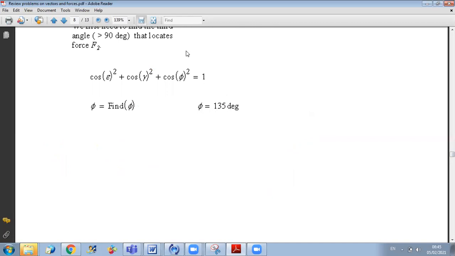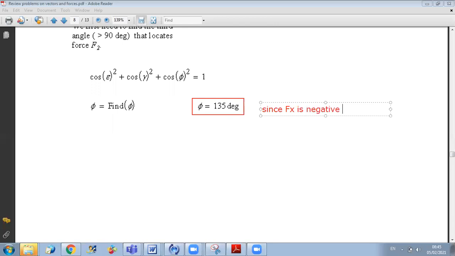I will take the solution corresponding to negative cosine, because here since fx is negative, I will select the negative solution of cosine x.